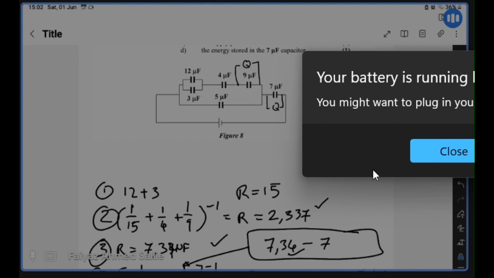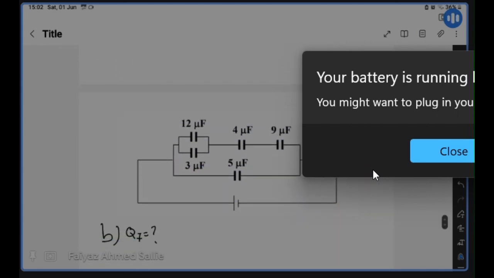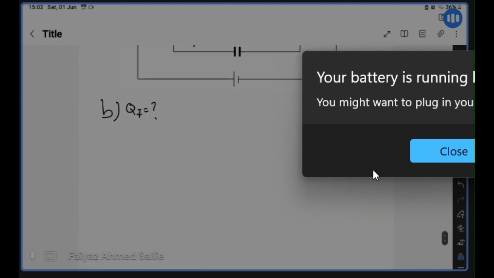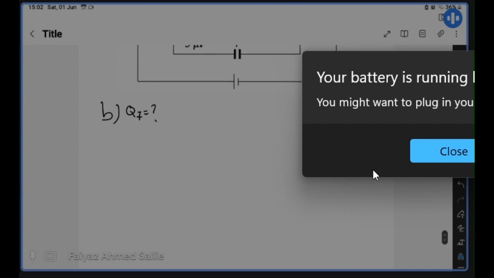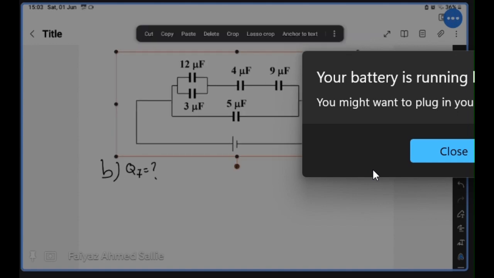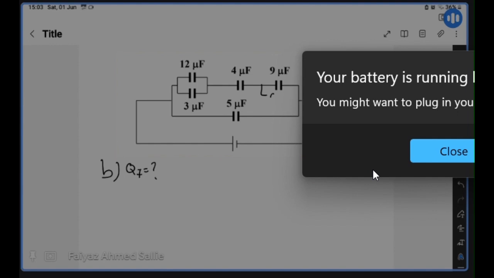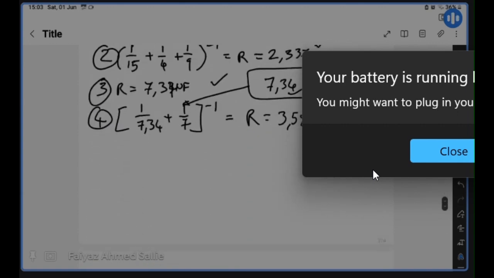And we know that current is equal in series, right? So we're given the charge over here, coulombs, right? How much coulombs? 46, right?